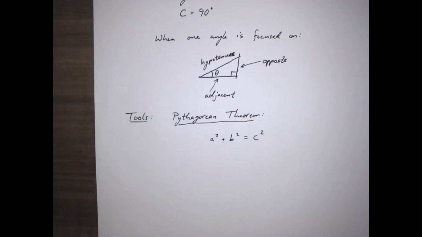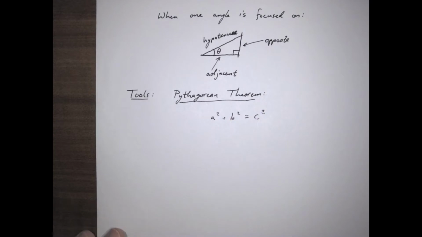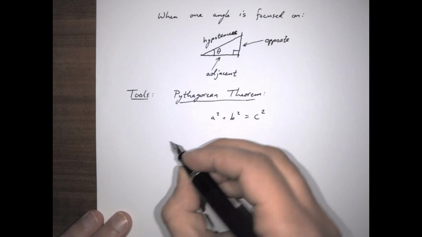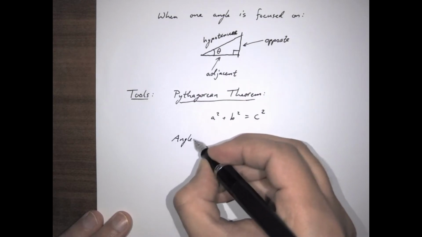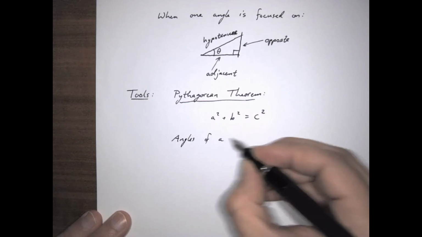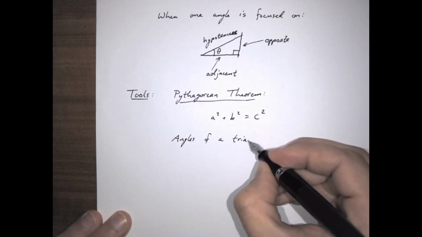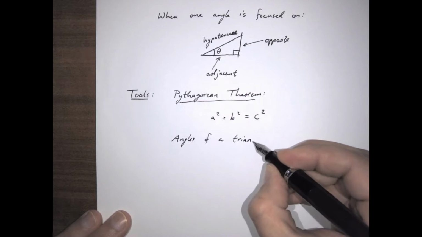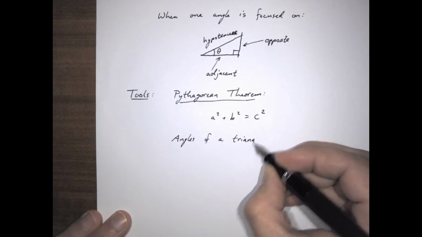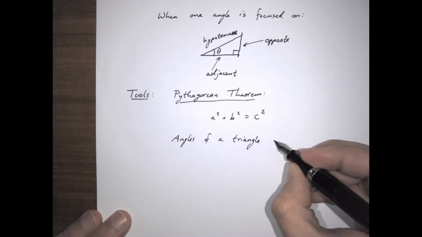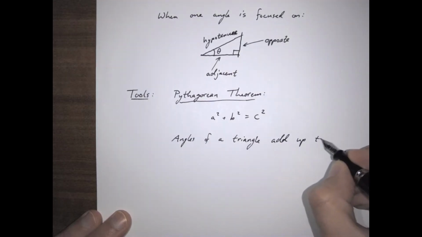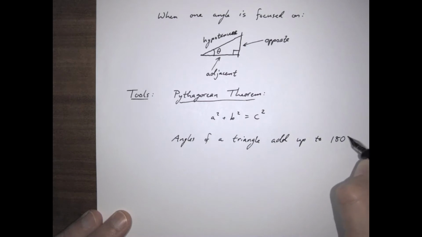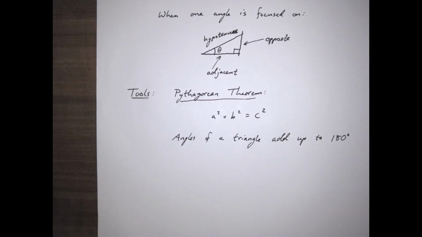One of the most ancient and useful of all of the mathematical results ever discovered. All right, and then another fact is that the angles of a triangle, any triangle, right, or any other, acute or obtuse or anything, add up to 180 degrees.